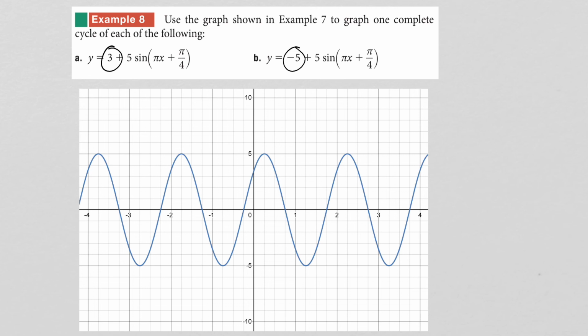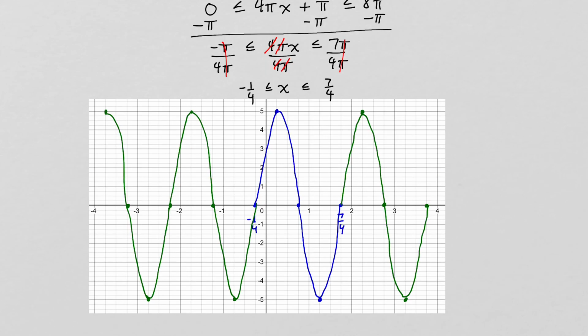you are going to get a vertical shift by that amount. Now, it says here, use the graph from example 7 to help you sketch the cycle for each one of these. So I just want to point out that the graph that you're looking at right here is the graph that we just did in this other problem.